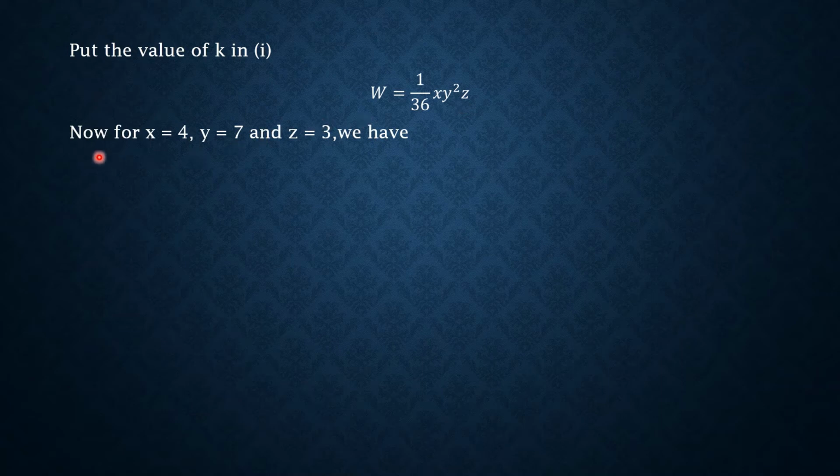Now we will put the next values to find the value of w. So for x equal to 4, y equal to 7 and z equal to 3, we have w equal to 1 by 36, this is the value of k. Value of x is 4, value of y is 7, which will be 7 square, and the value of z is 3.